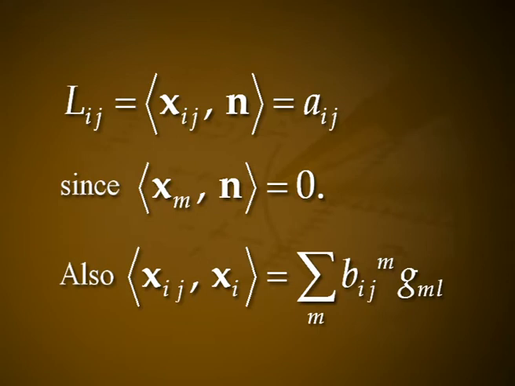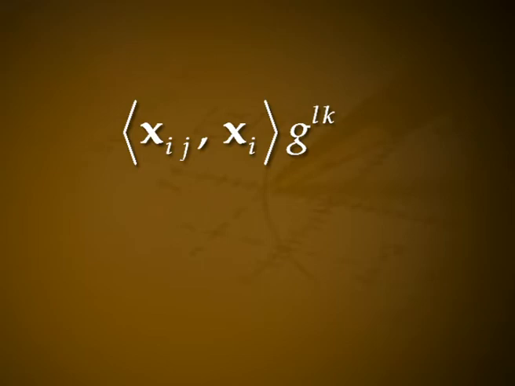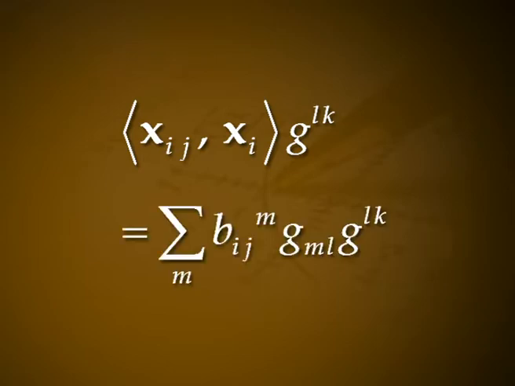Also, ⟨x_ij, x_l⟩ = Σ over m of b_ij^m g_ml, so that ⟨x_ij, x_l⟩ g^{lk} = Σ over m of b_ij^m g_ml g^{lk}.